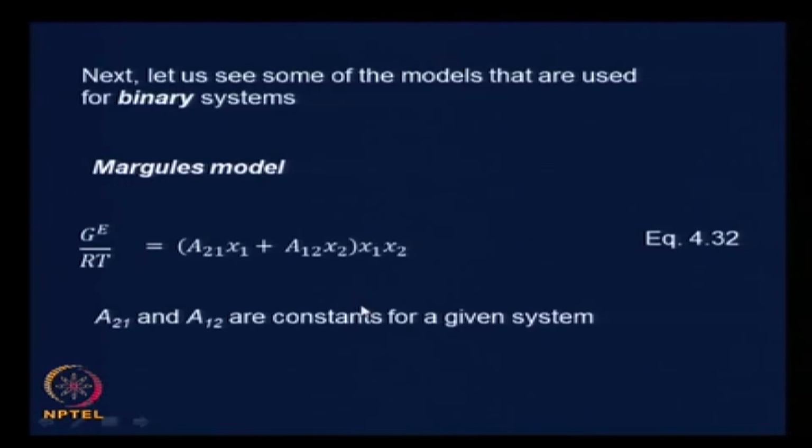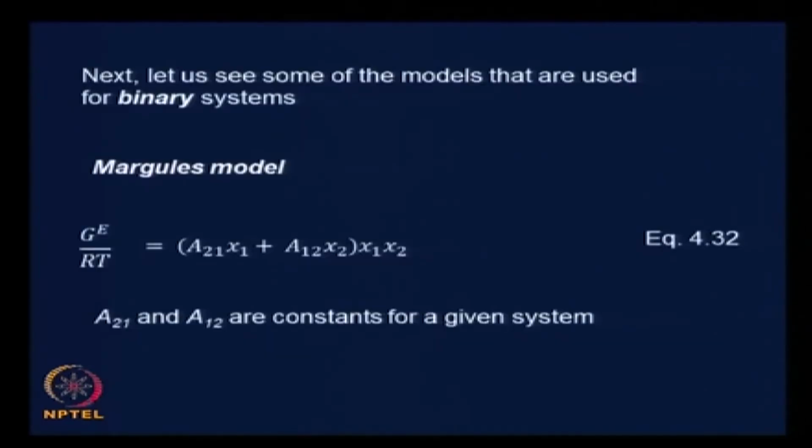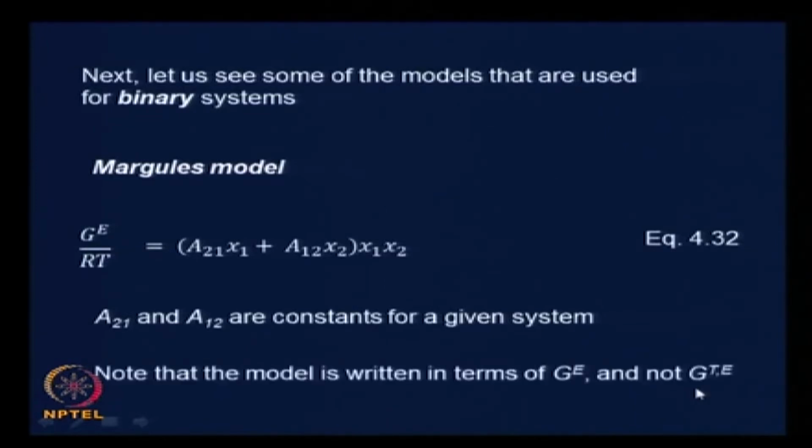For a particular solution, you have particular values of A21 and A12, and therefore, if you know these constants, you could estimate GE by RT. This model is written in terms of molar quantities GE and not GTE. You need to note this because this will come in handy in certain derivations, one of which is coming up very soon.